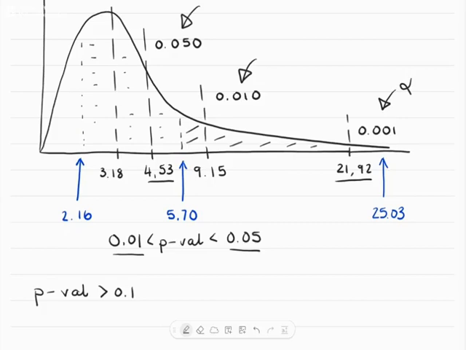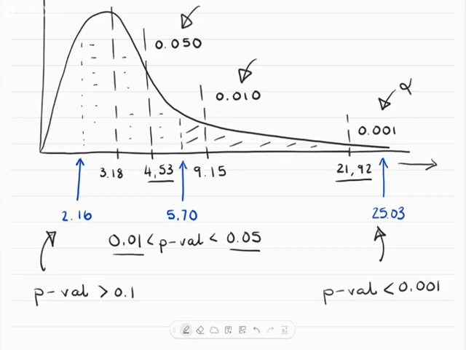If we look at this case, we want the area to the right of 25.03, and we know that's bigger than 21.92. The probability gets smaller and smaller as you go to the right, so definitely this p-value is going to be less than 0.001.